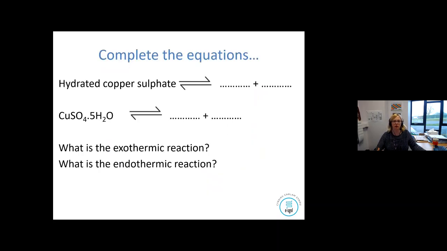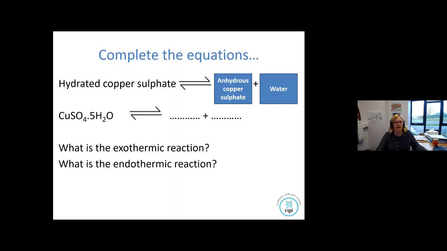Okay, so hydrated copper sulfate becomes what we call anhydrous copper sulfate, and it evolves or gives off water. Now, if you turn it into the symbol equation I showed earlier, what you have is CuSO4 and the water molecules then being given off freely, but as always, as is central to chemistry, as you've learned by now, hopefully, you have to balance that, so you'd have to have 5 water molecules being given off, okay?